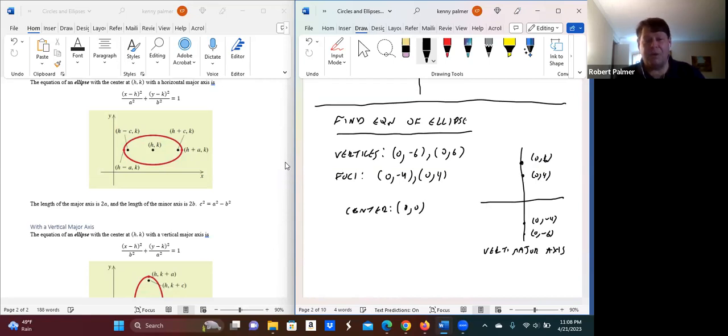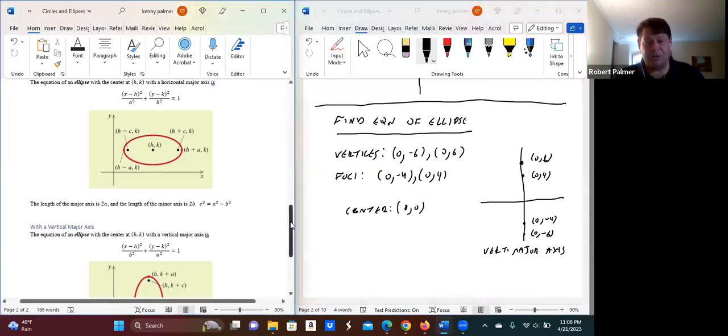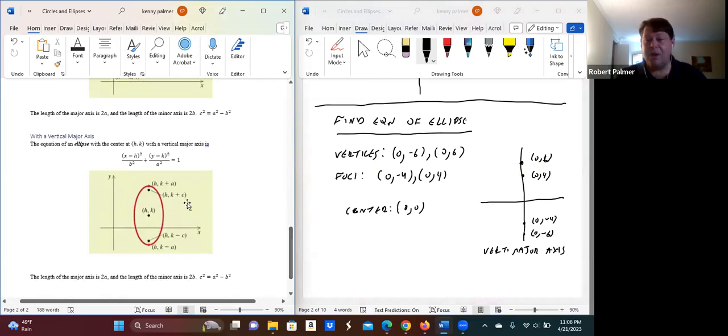We see that in a couple different ways. Let's take a look down here at the equation with the vertical major axis. If those are our vertices, the x-coordinate of the vertices is h, so h has got to be 0. And also, our vertices are at both ends of our major axis, so the middle point is going to be 0.